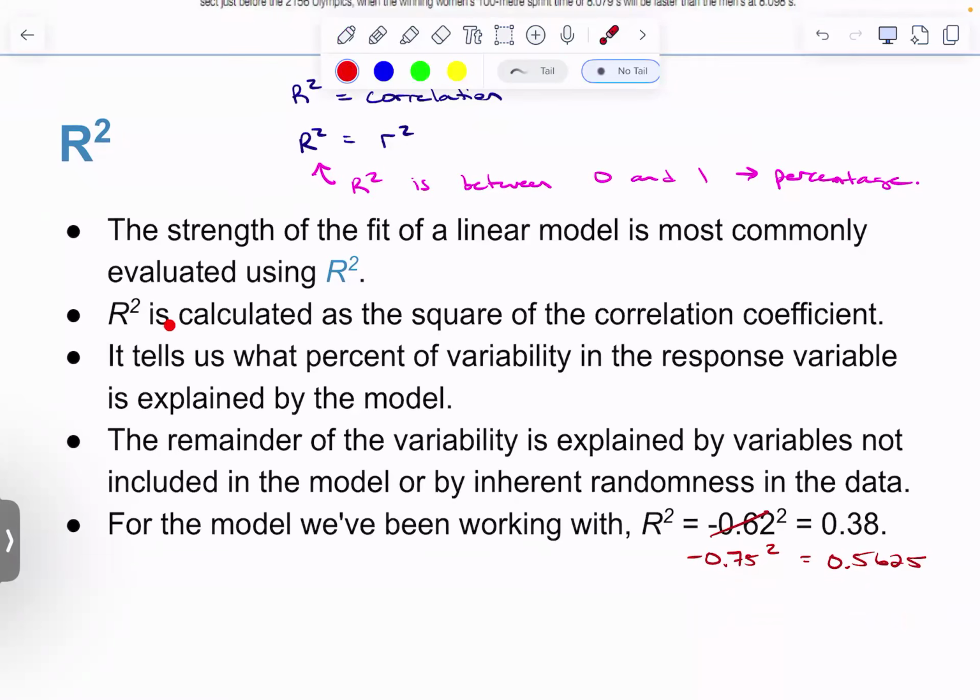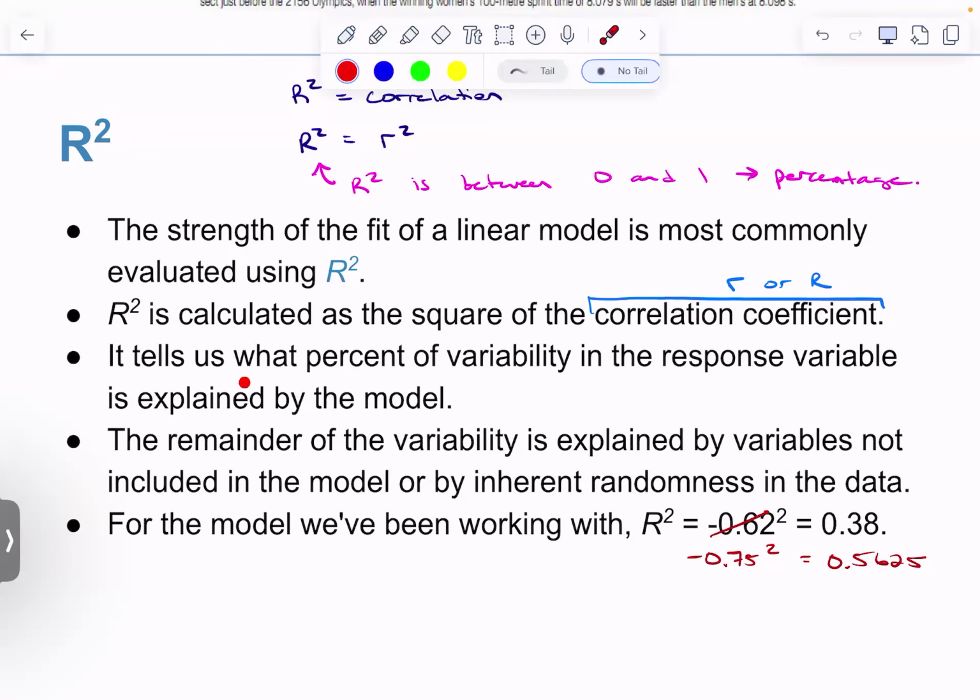So R squared is the square of the correlation coefficient, which is your R, or capital R, if you prefer. This is the one scenario where I could be convinced to use capital R as opposed to a lowercase r, but I'll still use a lowercase.